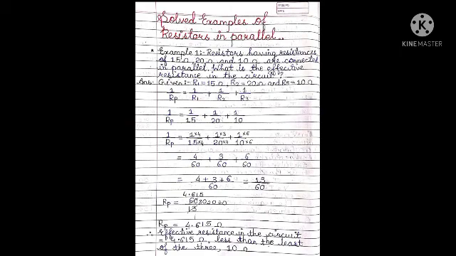So example number 1. Resistors having resistances of 15 ohm, 20 ohm and 10 ohm are connected in parallel. What is the effective resistance in the circuit? So we have to calculate the value of effective resistance in the circuit where the resistances are given.